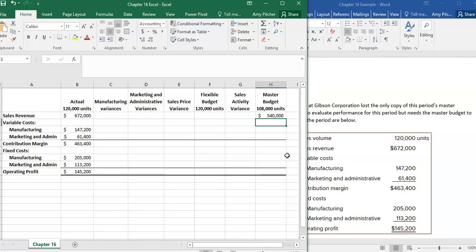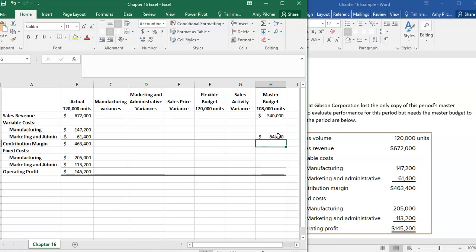Then we also want to determine what our variable manufacturing costs are and what our marketing and administrative costs are. So we have that our variable marketing and administrative costs are budgeted at 10% of the sales revenue. So 10% of 540,000 is 54,000. Then it gives us our contribution margin.